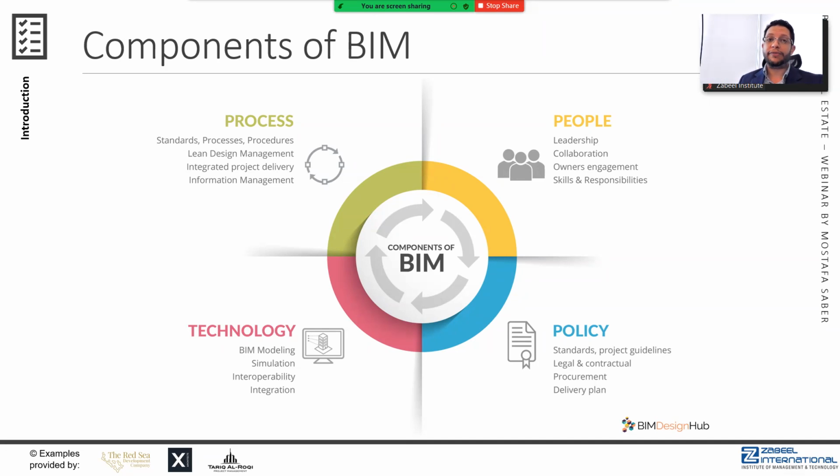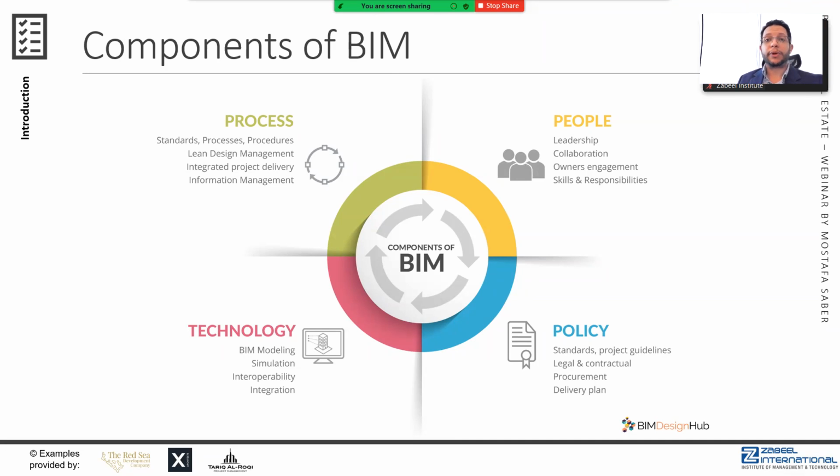The process itself includes standards, the procedures that you can actually set according to your organization, and how you're going to manage the whole process throughout the project based on your terms or based on your actual role in the project. How you're going to manage information, what this information is required for, and that is what creates a process.